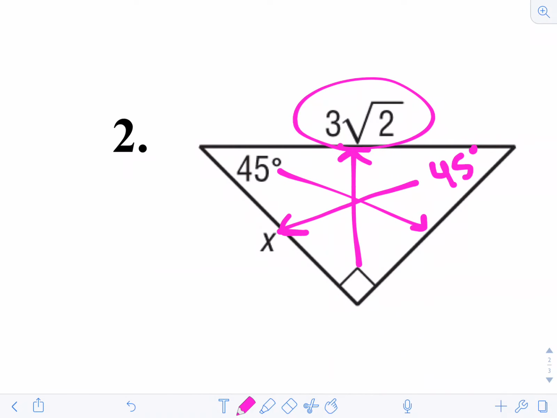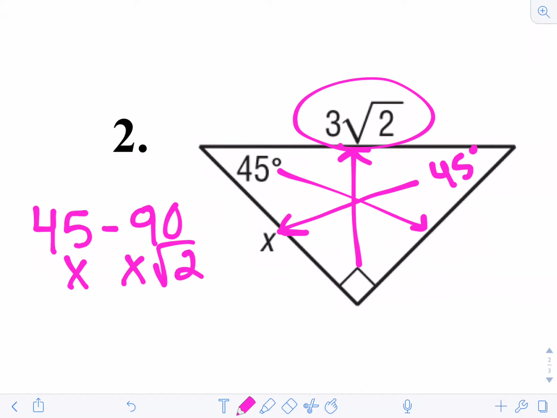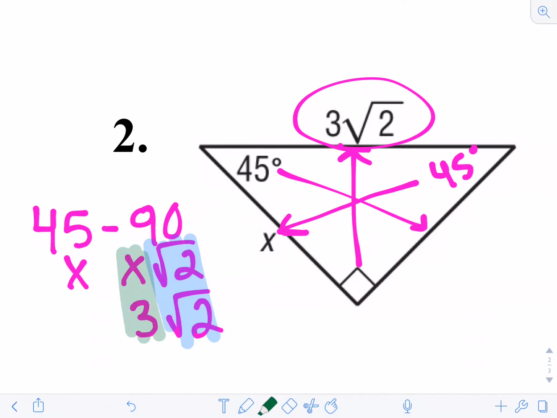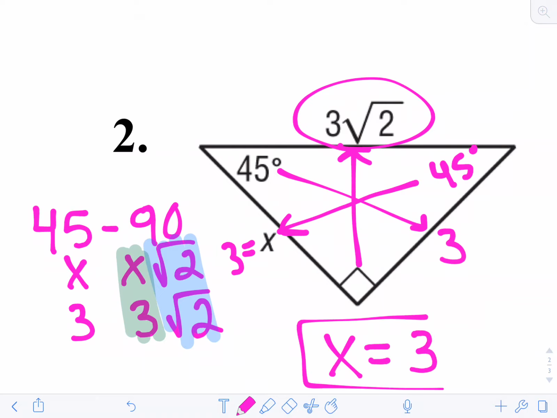So I'm going to go ahead and write out 45, 45, 90, x, x, x square root of 2, and I know across the 90 is 3 square roots of 2. Well, since these match up right here, the square root of 2, that tells me that x is equal to 3. So across from my 45s would be 3. So my answer is x is equal to 3.